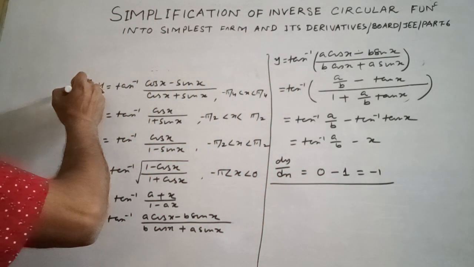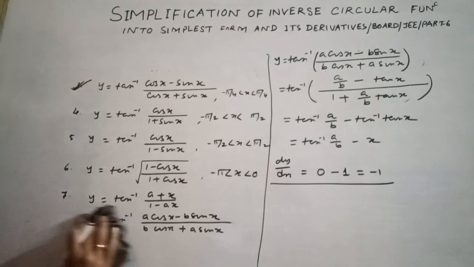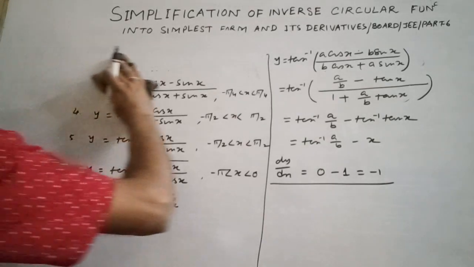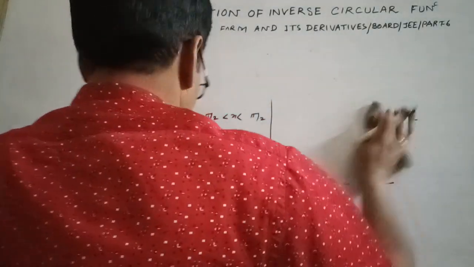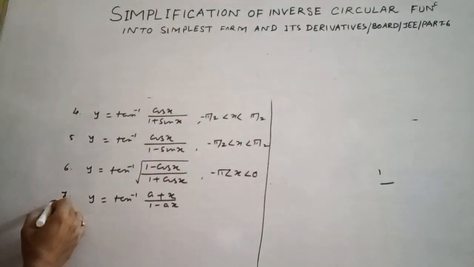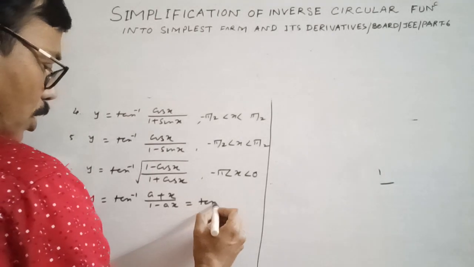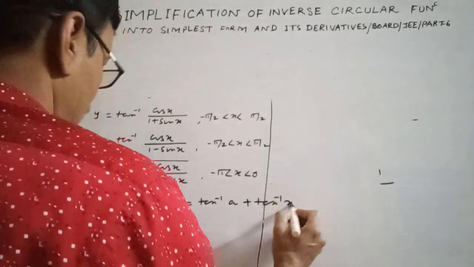Now the third one is also simple. So this is problem number 8. Problem number 3 is also very simple. And this one, number 7, is also a direct formula. You do tan inverse a plus tan inverse x.